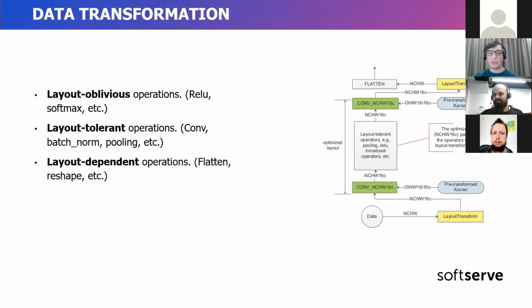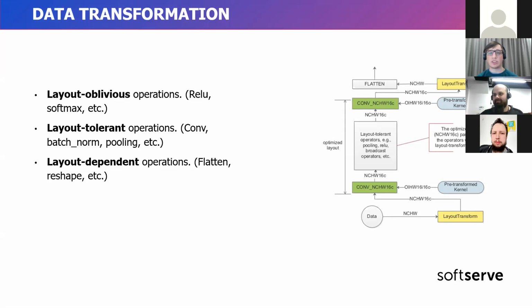When data goes through the neural network, its shape usually changes. The operations with relation to data shape change can be divided into three main groups. First, layout-oblivious operations, which aren't affected in any manner. It doesn't matter for these operations what the shape of the data is. Usually these are activation functions like ReLU or softmax.